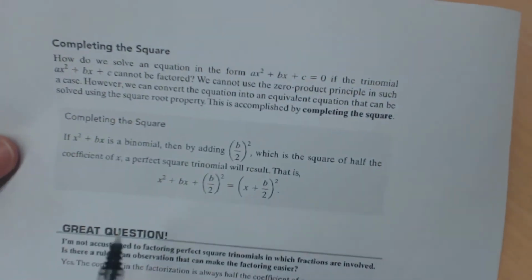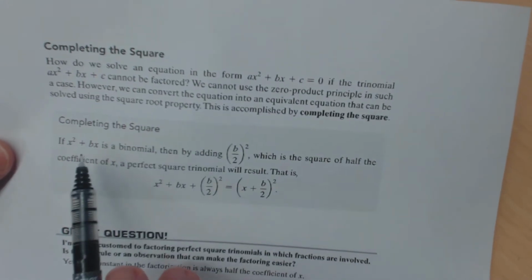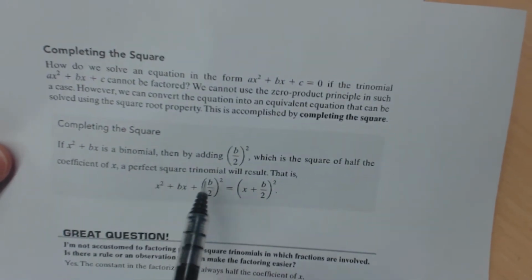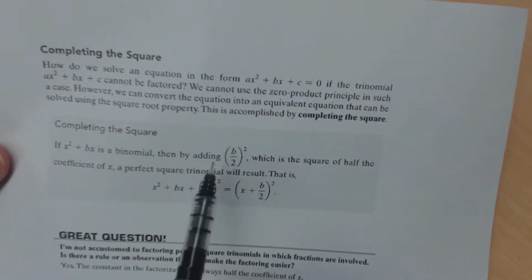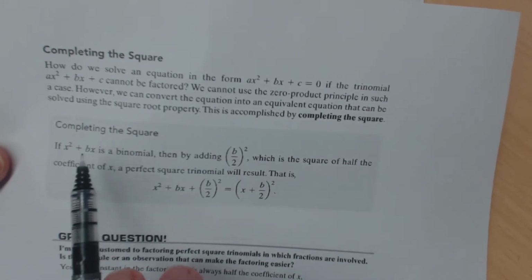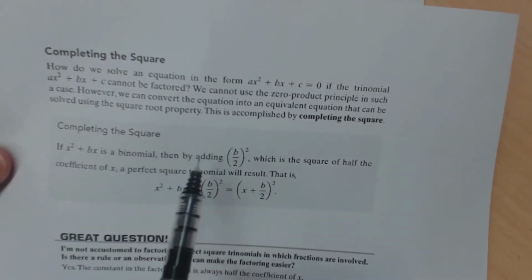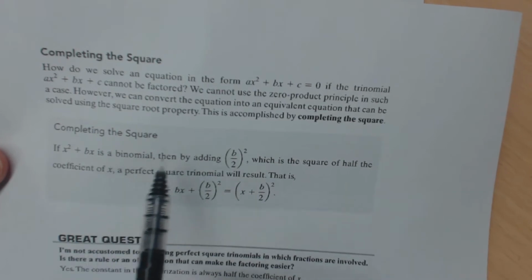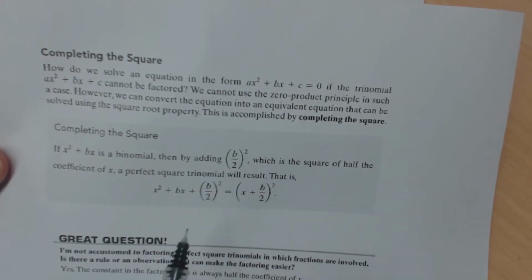So if you go back to this handout, to rewrite this binomial as a perfect square trinomial, you add this constant, which is b divided by 2 squared.